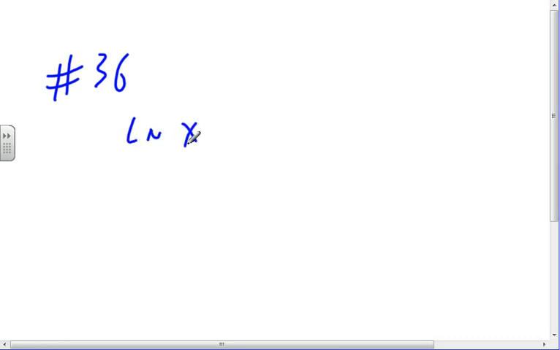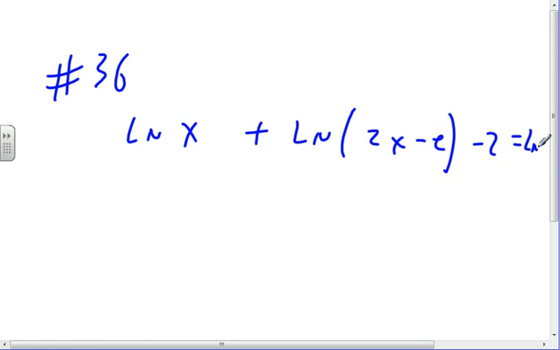Natural log of x plus natural log of 2x minus e, minus 2, equals natural log 3.